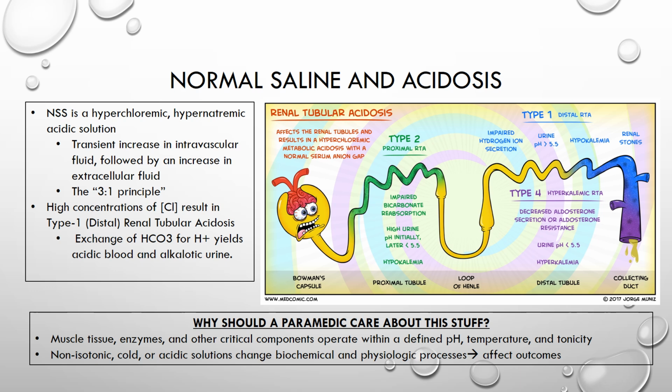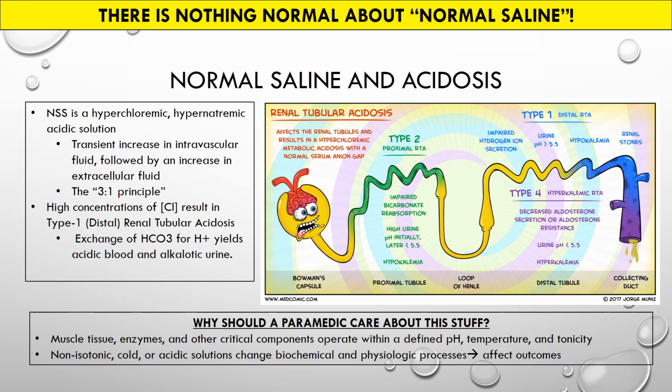We start retaining hydrogen. So the nephron, the part of the kidney that actually does the work, no longer kicks out that hydrogen. You end up with an acidic solution and a relatively alkalotic or basic urine. And then it actually affects the way the kidney can function, and you'll get a renal insult. So the creatinine will go up, the BUN will go up, and the patient overall ends up having what can be a fairly significant renal event.